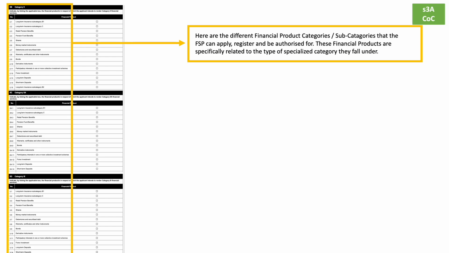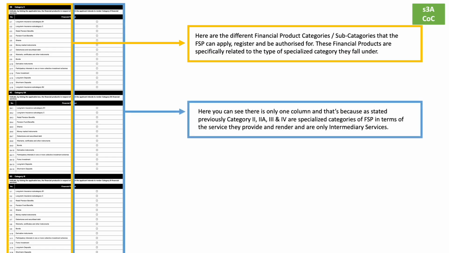These financial products are specifically related to the type of specialized category they fall under. Here you can see there is only one column, and that's because, as stated previously, Category 2, 2A, 3, and 4 are specialized categories of FSP in terms of the services they provide and render, and are only intermediary services and cannot be advised.